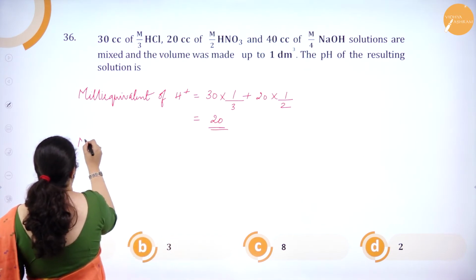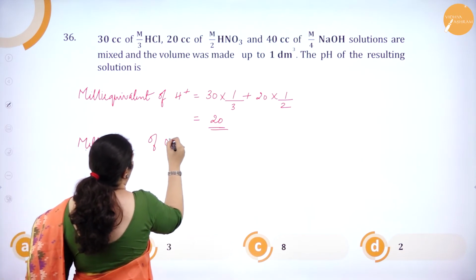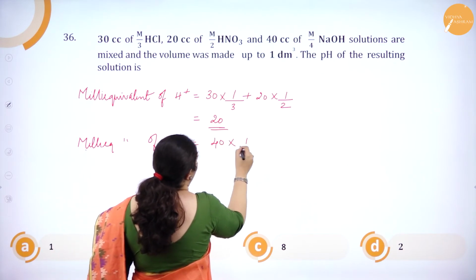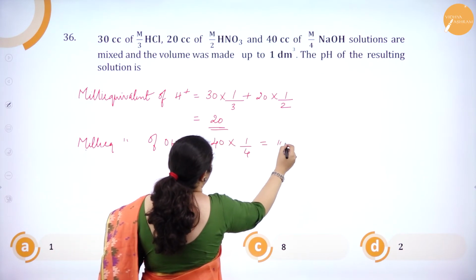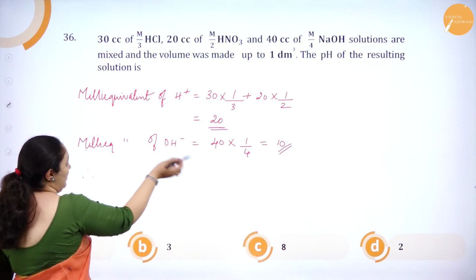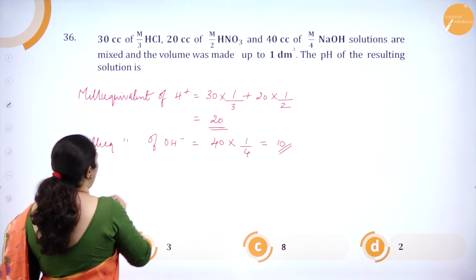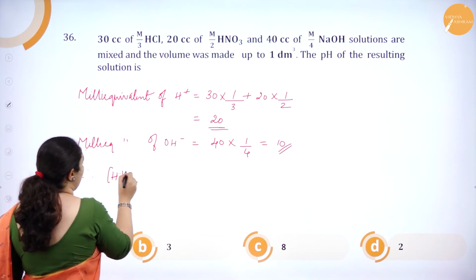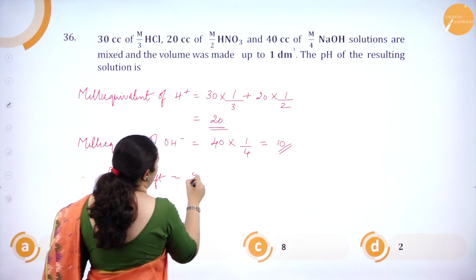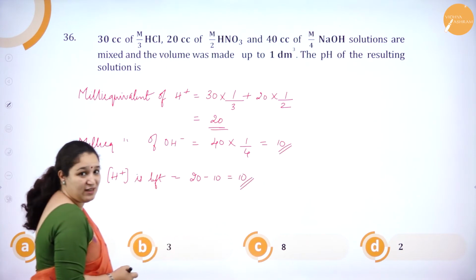Milli equivalents of OH minus we will do, that is 40 into 1 by 4 which is equal to 10. So when both of them are reacting, we are mixing both. H plus ion is more. So the amount of H plus ion which is left is 20 minus 10, that is 10 milli equivalents is left.